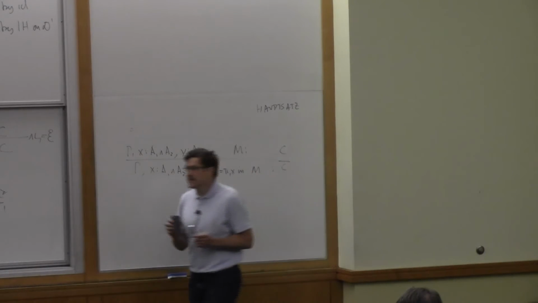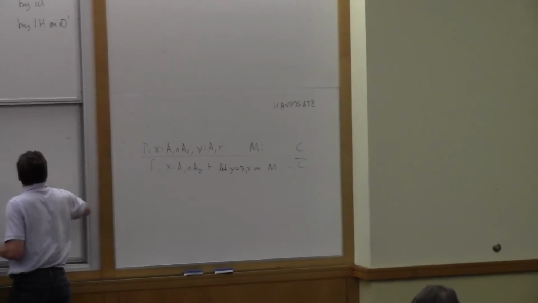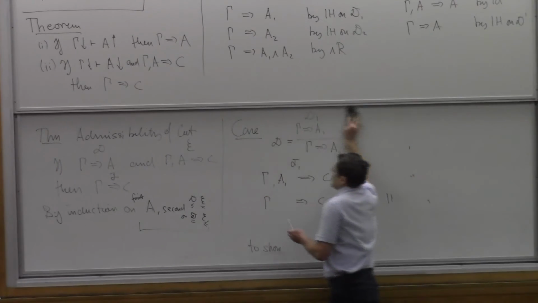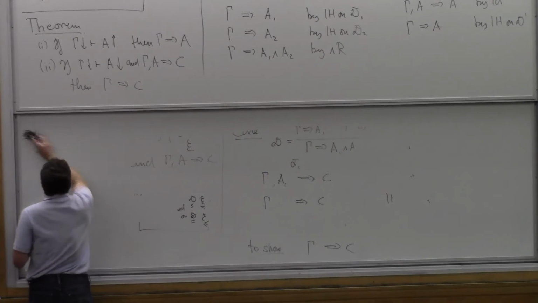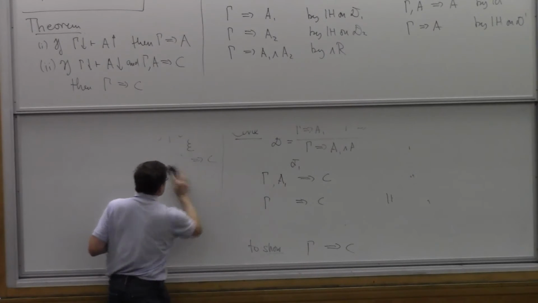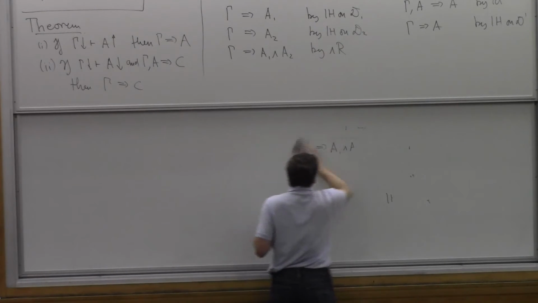Okay, so let me go to linear logic then. One of the reasons I spend so much time on the sequent calculus is that with linear logic, I'm going to jump right into the sequent calculus.